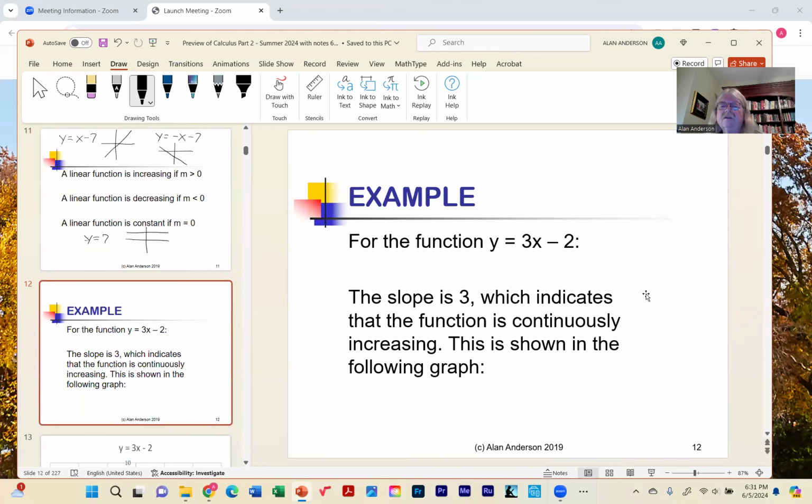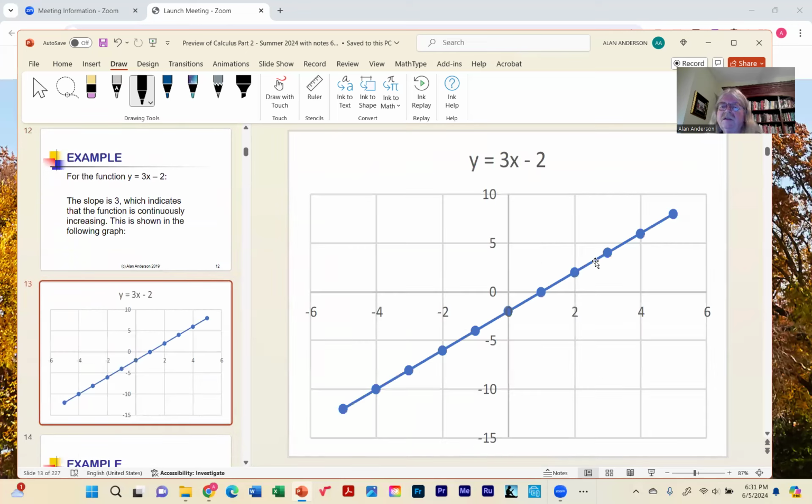All right, so here's another good example. y equals 3x minus 2, which means that the slope is 3 and the intercept is -2. And so you can see here's the intercept. Now the slope, you can tell, let's say, for example, if I pick 2 points on this line.